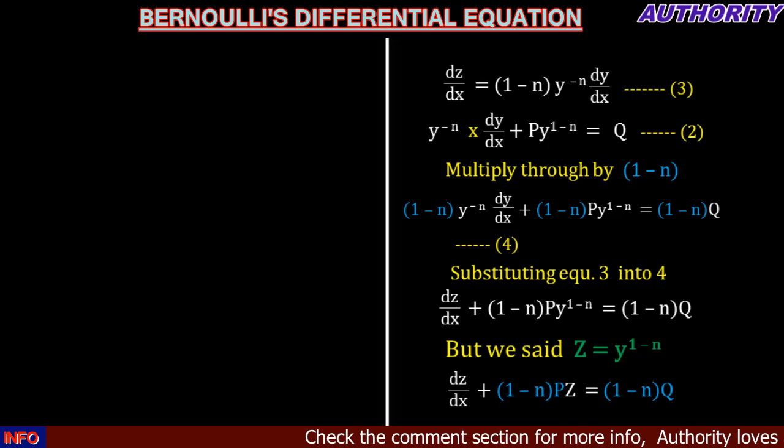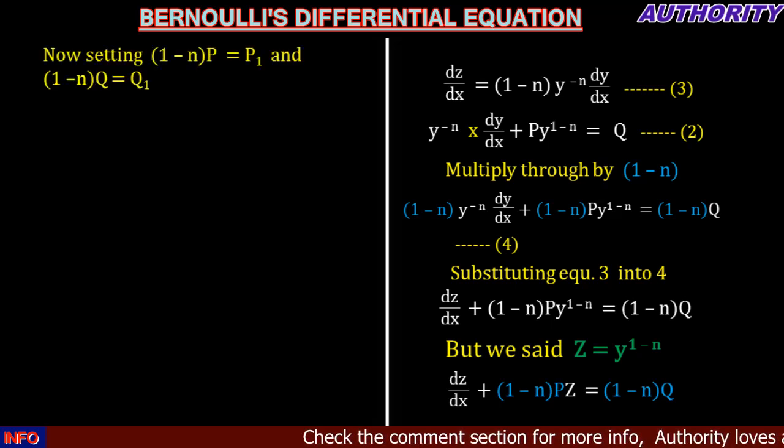From this place now, we set 1 minus n in bracket p to be called p1 and 1 minus n in bracket q to be called q1. So anywhere we see 1 minus n in bracket p, we replace it with p1. And anywhere we see 1 minus n in bracket q, we replace it with q1.